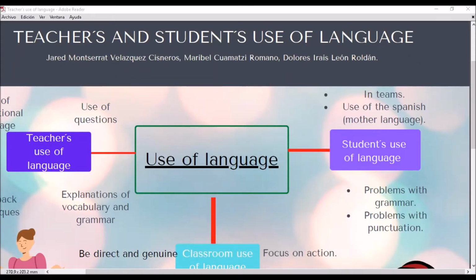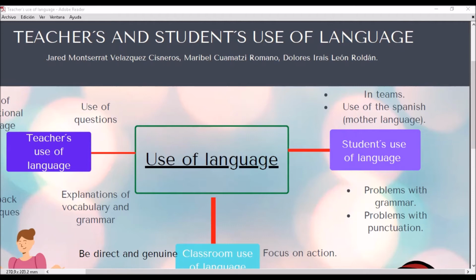And now I am going to explain about this. It's how students communicate in the classroom among their classmates and with the teacher. For example, when students work in teams to do an activity, they talk in the target language, in this case English, and they use it to do the activity.